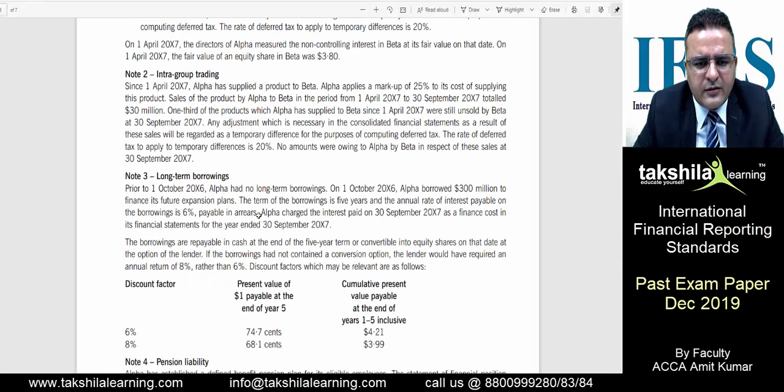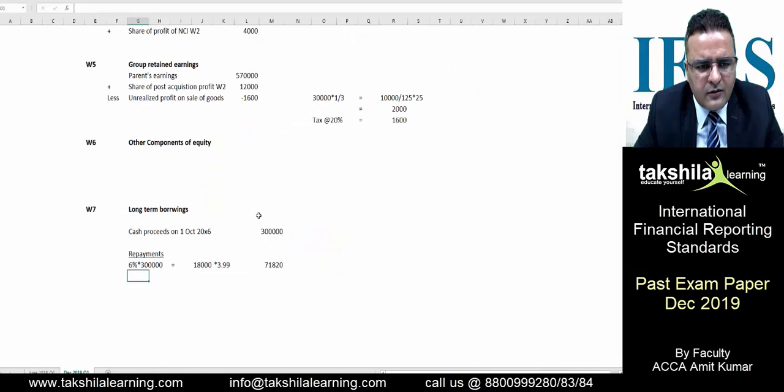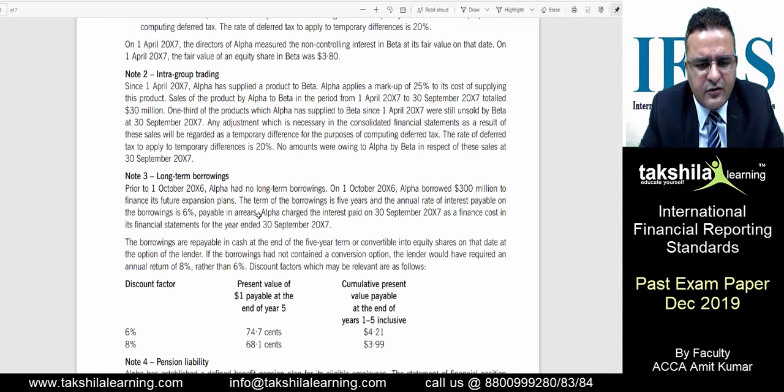At the end of 5 years, we'll be repaying. We'll see at par or at premium or at discount what is the repayment. The borrowings are repayable in cash at the end of the 5-year term or convertible into equity shares on that date. So principal repaid at an amount of 300,000 and the present value discounting at the rate of 8% is 0.681.